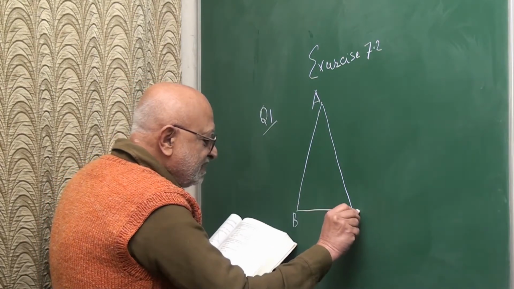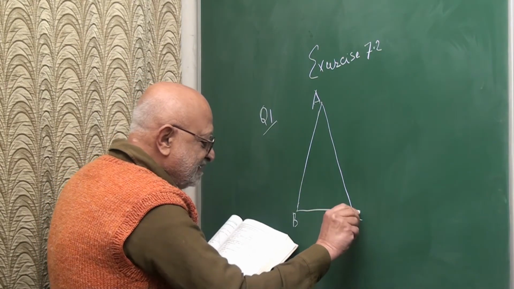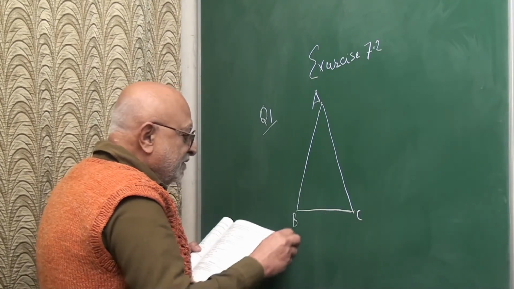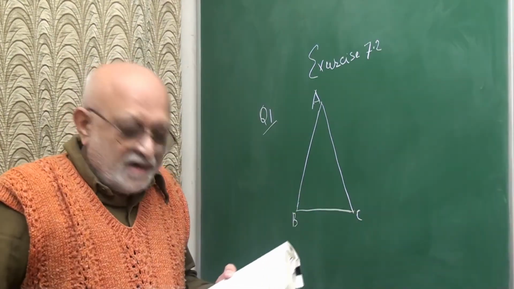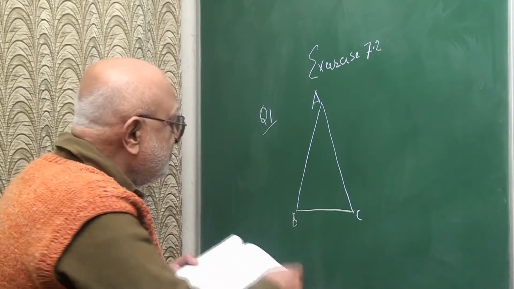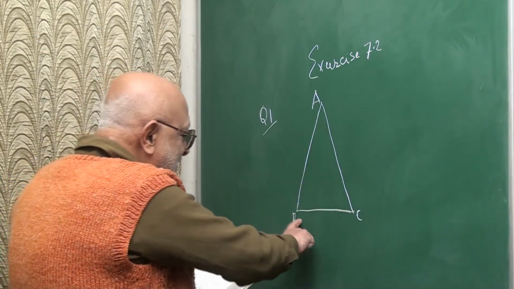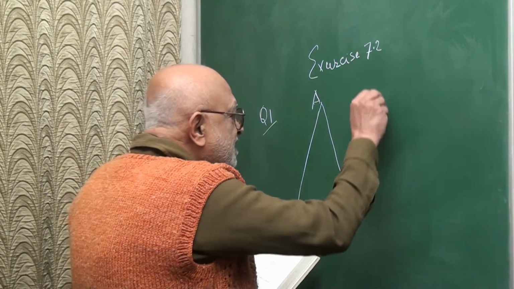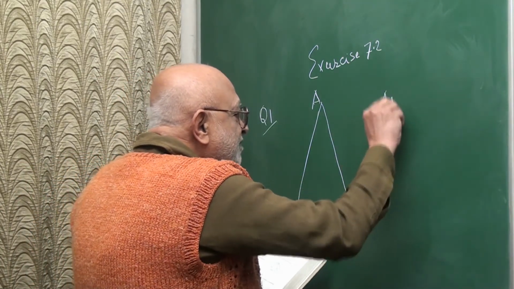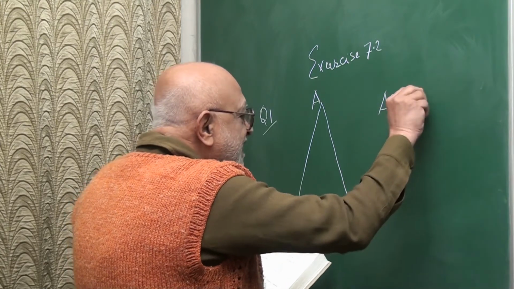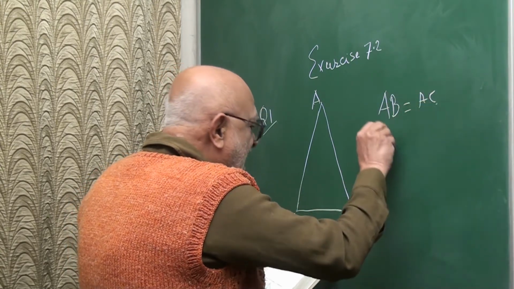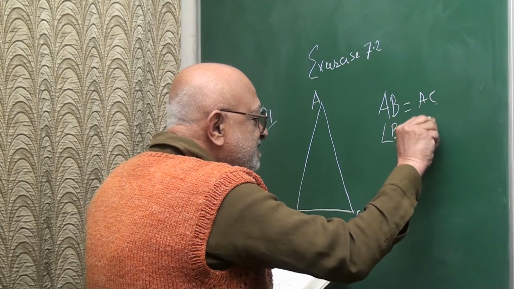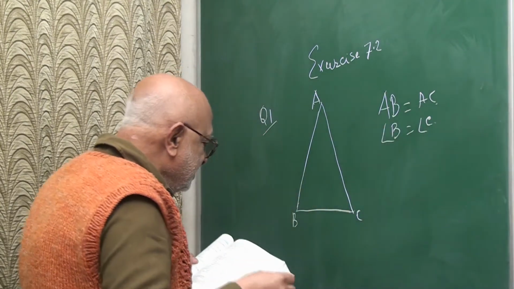In this example with an isosceles triangle as I have drawn, ABC, of course, if it says isosceles triangle, that means we know AB equal to AC and angle B equal to angle C. So this would be definitely given.